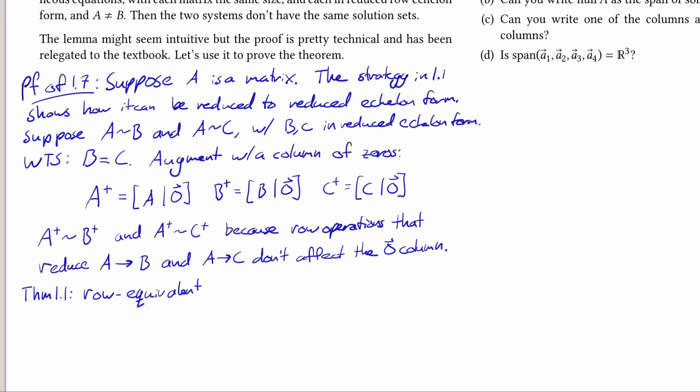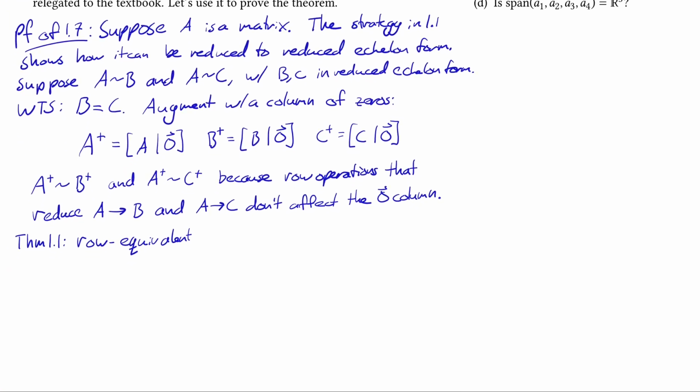And we know from Theorem 1.1 that if two matrices are row equivalent to each other, then the systems of equations that they represent as augmented matrices have the same solution sets.